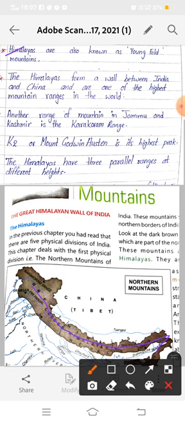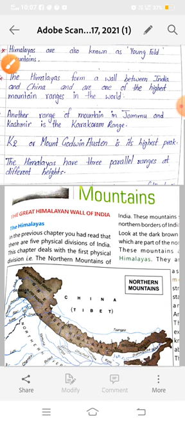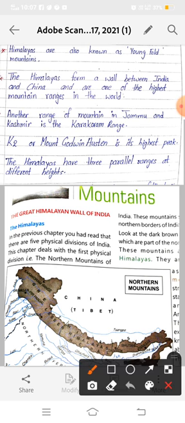I told you in the explanation that only 60 million years ago it was created. So it is not a big time according to geological scientists. So this is called the young fold mountain, and it is also increasing day by day.